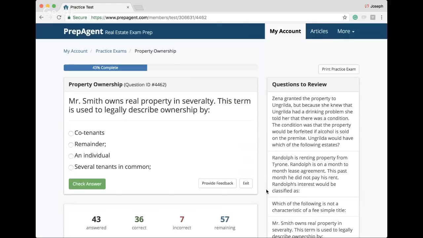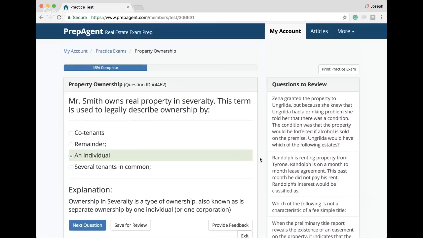Okay, I expect everybody to get this one right. Mr. Smith owns real property in severalty. This term is used to legally describe ownership by co-tenant, remainder, an individual, or several tenants in common. What do you guys think? Individual. Good.